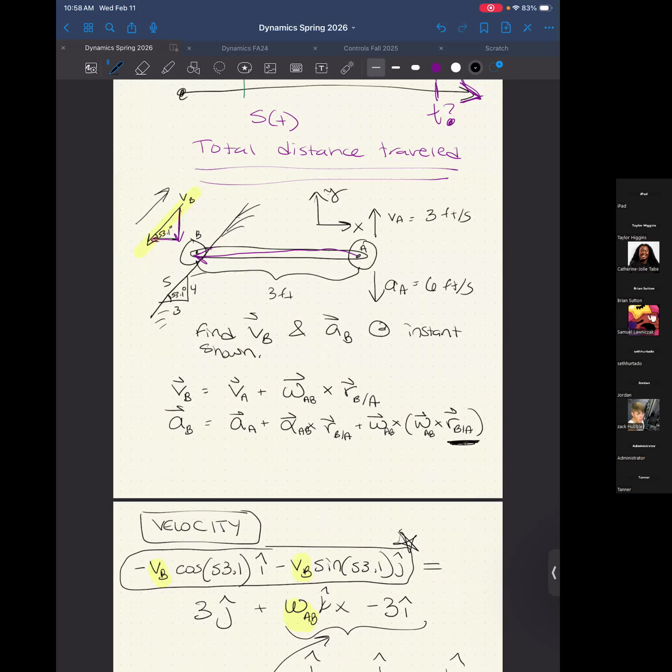So this is the vector that points from A to B. If I were to draw R B / A, I would draw this vector, the vector B with respect to A. And that vector moves exactly 3 feet only in the left direction. Okay. Does that make sense? Yeah. Okay, good.